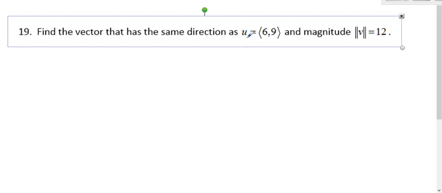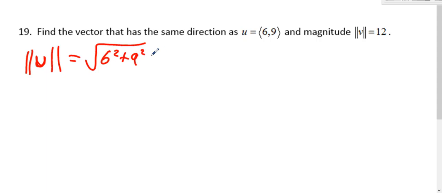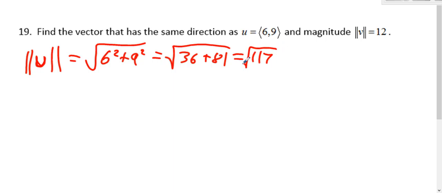So first change u into a unit vector, so we need to know the magnitude of u, which is the square root of 6 squared plus 9 squared, 36 and 81. So square root of 117.